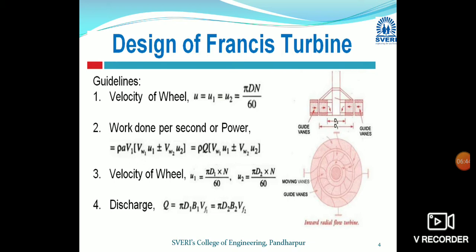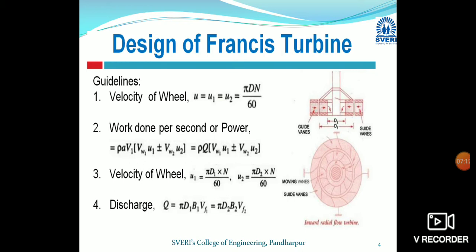Then work done can be calculated by the formula rho a V1, as U1 is different and U2 is also different. Therefore we cannot take this common. In other turbines we have taken this common, but here it is rho a V1 into VW1 U1 plus VW2 U2. If the beta angle is acute, then that minus sign is there, but here for the turbine that sign is plus.